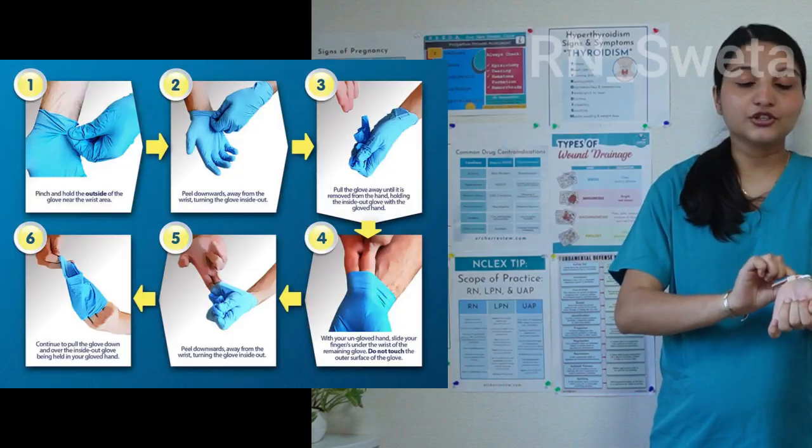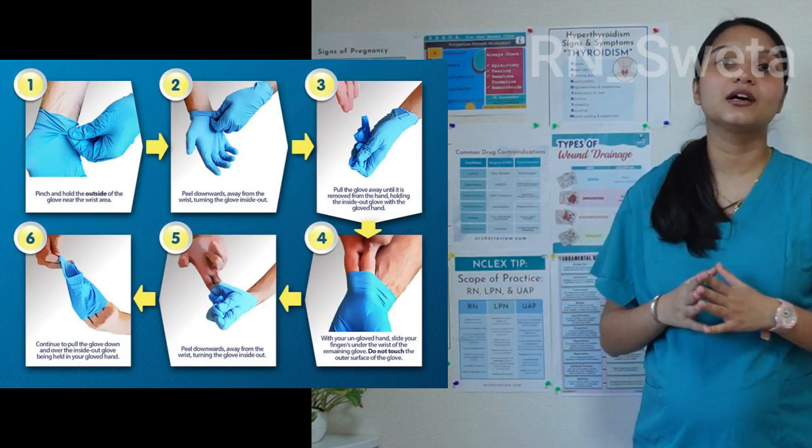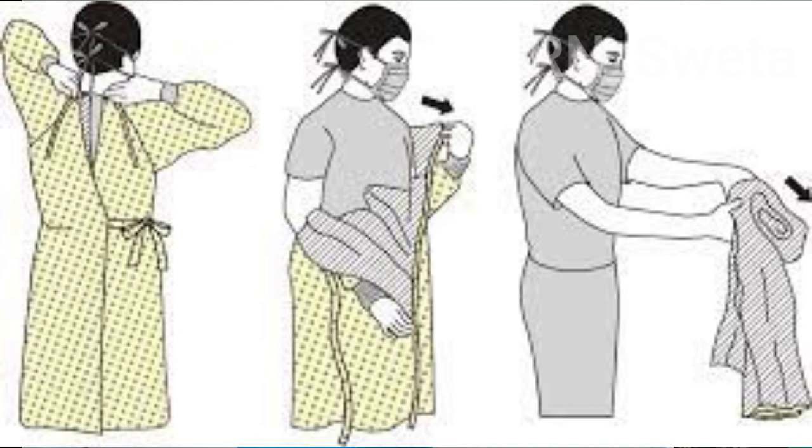So the first thing you need to remove is the pair of gloves that you have used. You remove the gloves with the opposite hands and discard them in the appropriate colored bin. Okay. The second thing you need to remove is the gown. The gown has to be unfastened at the back and allowed to fall off from the front part. Okay.